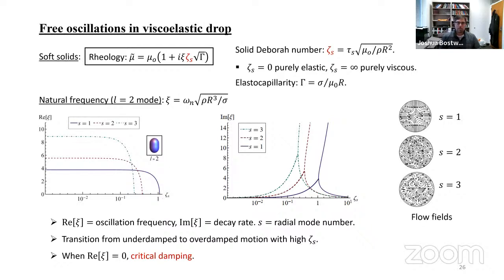So we undergo this transition from underdamped to overdamped at high Deborah number. The case where the real part of the frequency is 0 corresponds to what's classically referred to as critical damping. So this is one main difference between a viscoelastic drop and either a fluid drop or an elastic drop.